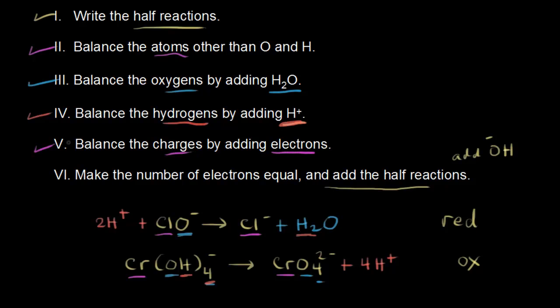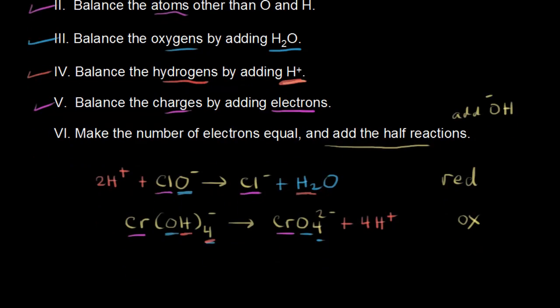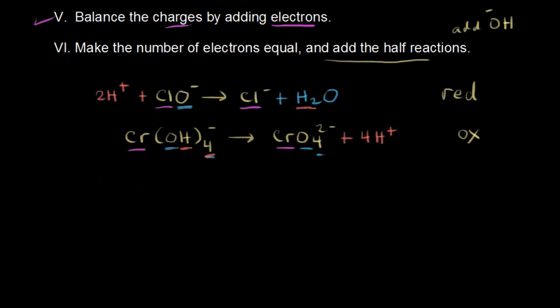So step 5, we need to analyze the total charges on both sides of my half reaction. So let's look at the reduction half reaction first. I have 2 protons, right? So that's 2 positive charges on the left side here. And I also have a negative charge on the hypochlorite anion here. So I have 2 positive charges and 1 negative charge, so of course that's a total of plus 1.